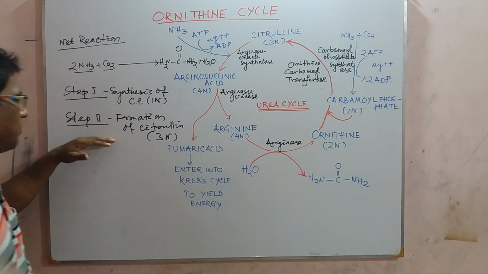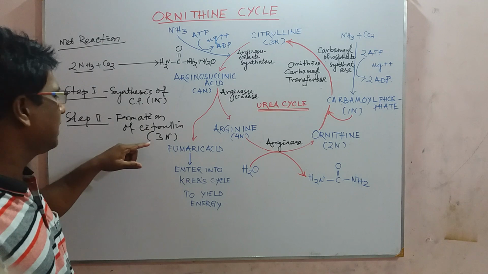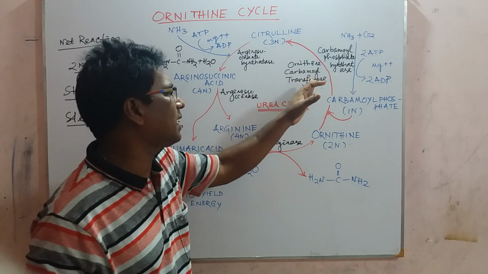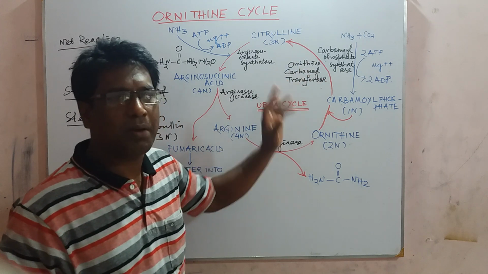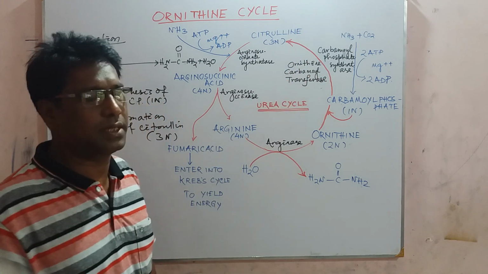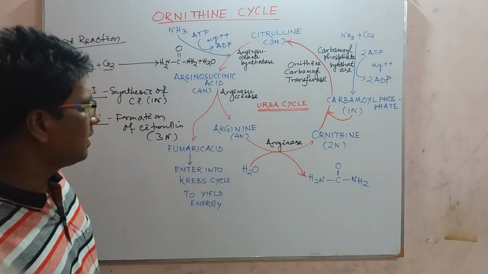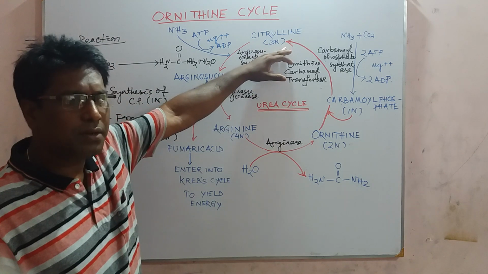So in step 2, formation of citrulline or 3N occurs in presence of the enzyme ornithine carbamyl transferase. So it gets converted into citrulline.